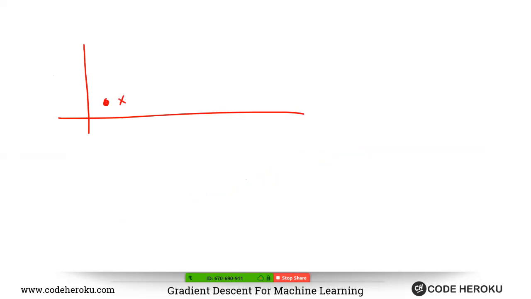Let's say this is x1, y1, this is x2, y2, this is x3, y3, and so on. For all these points, I have taken some random values of m comma b right now as my input to this function. Can you write the code which will make predictions for each of these x comma y pairs?